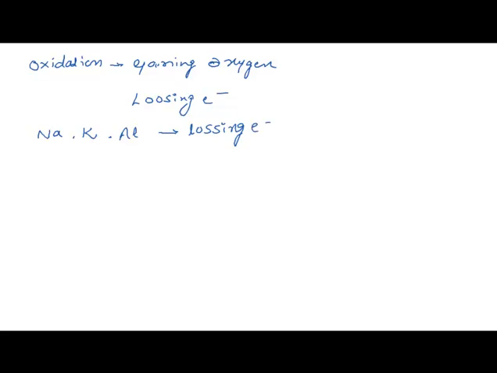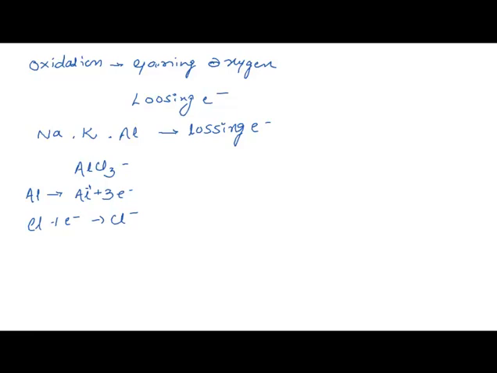Right? Like for the formation of aluminium chloride, aluminium will lose 3 electrons and it will form what? Aluminium 3 plus ions, right? And your chlorine will gain electron and it will form Cl minus ion.